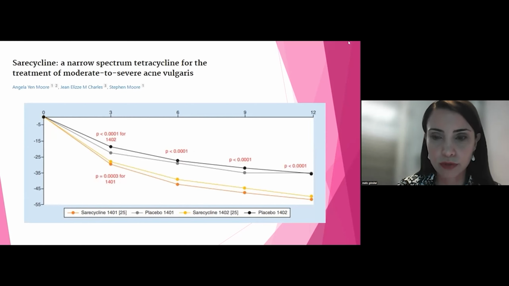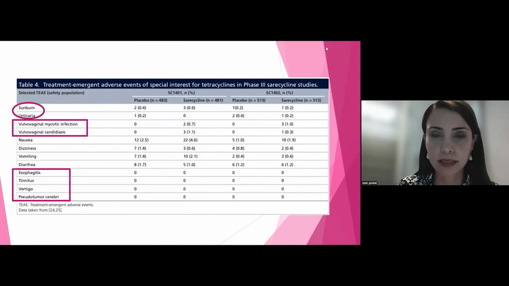At week 12, the achievement percent in patients was approximately between 45 and 55%. There are some adverse effects, especially sunburn, urticaria, vulvovaginal mycotic infection, vulvovaginal candidiasis. It is fine. We don't see oesophageal tinnitus, vertigo, or pseudotumor cerebri.